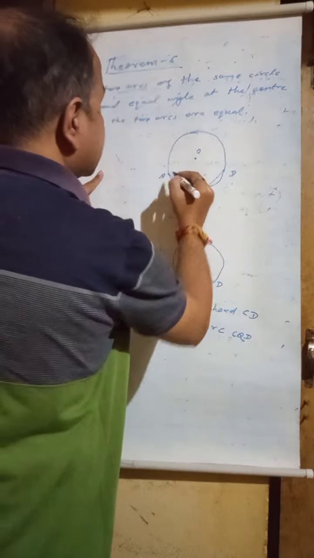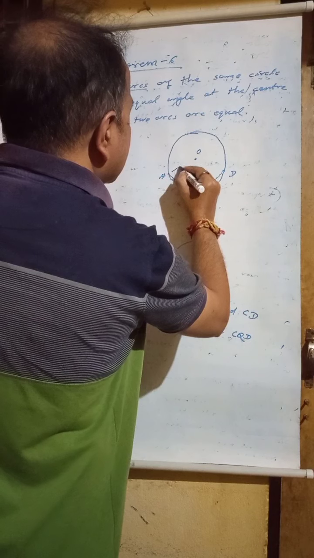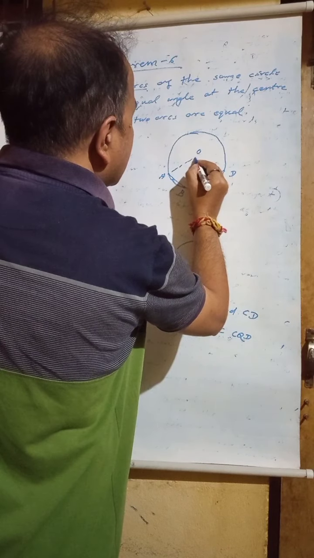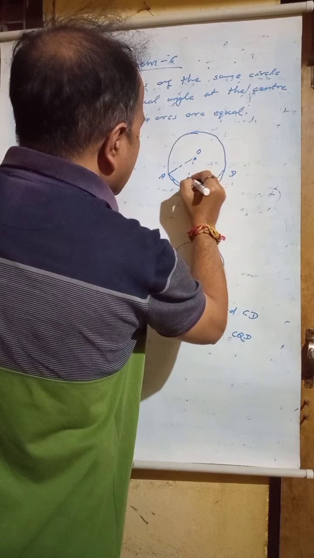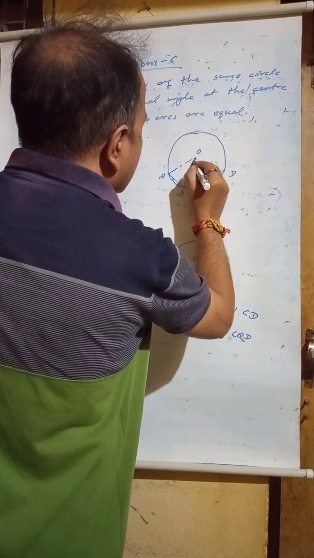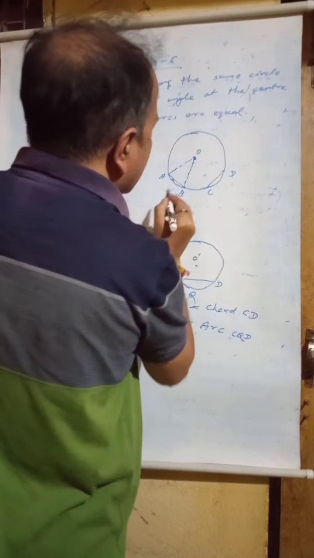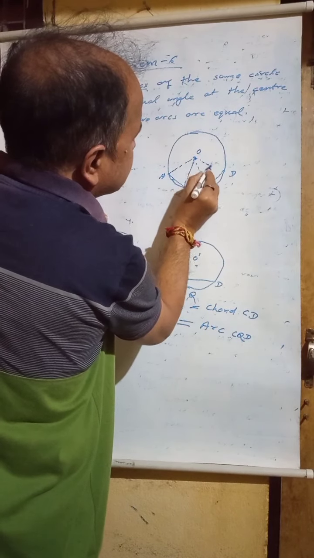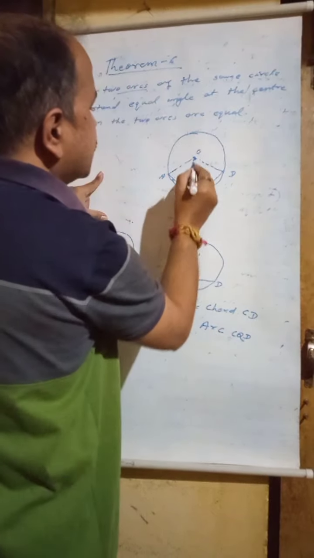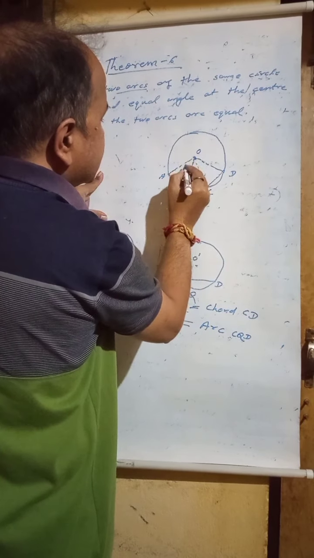What angle does arc AB subtend at the center? And what angle does CD subtend at the center?